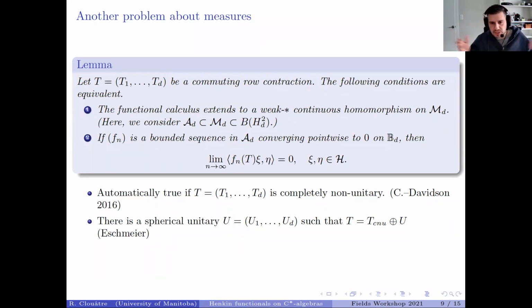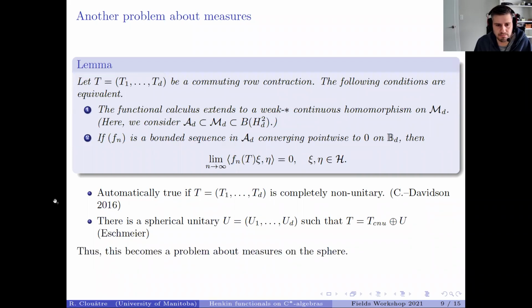Okay, so if you put all of this together once more, the functional calculus question for commuting row contractions reduces to one about measures. That is because this spherical unitary does have a spectral measure. So this once again reduces to a question about measures on the sphere. What kind of measures?